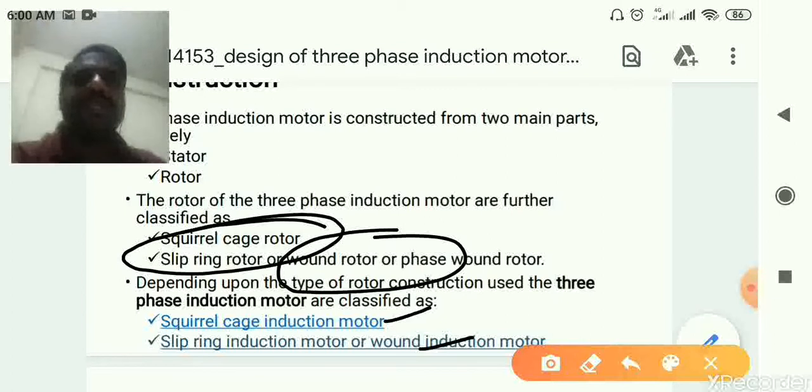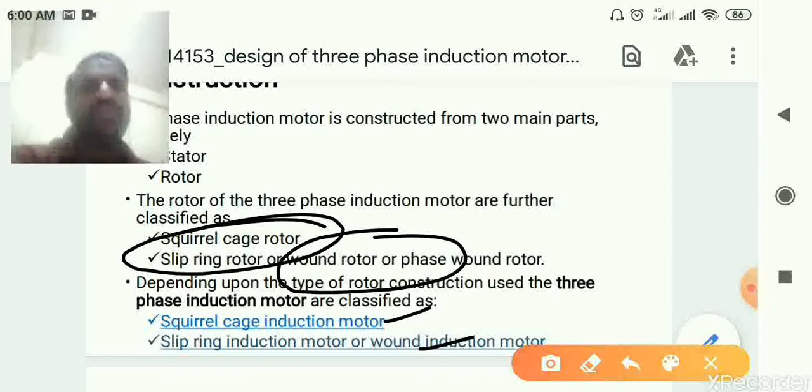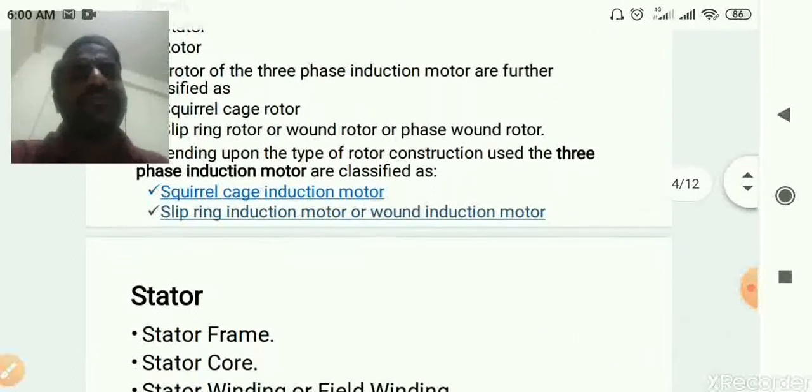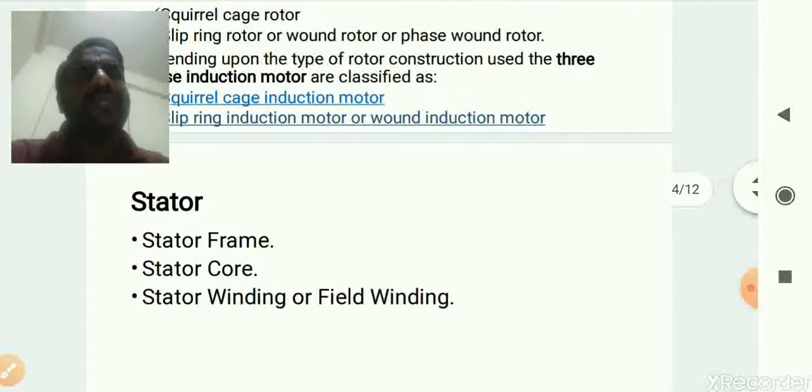So the construction involves only two main parts, stator and rotor, and the rotor again has two parts, the squirrel cage rotor and slip ring rotor. Now let me discuss in short about all these parts one by one. Let me first start with the stator.